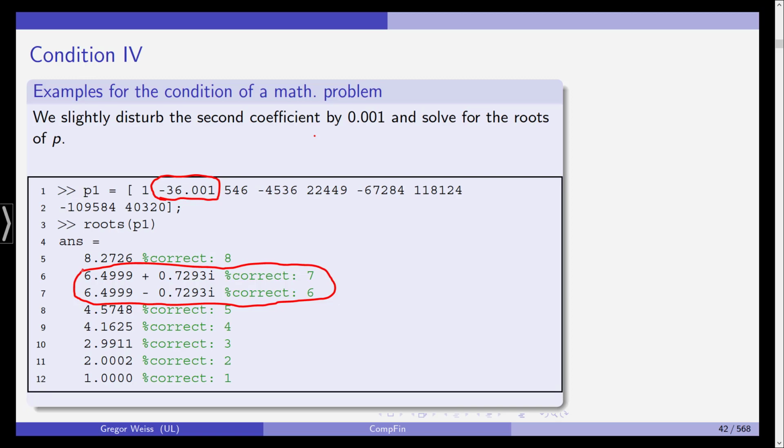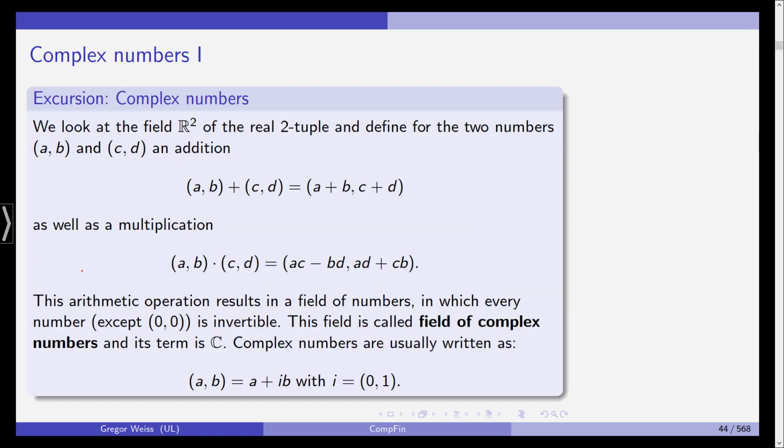What is meant by a complex number? Complex numbers are actually a very large field in mathematics. You look at the field R squared of the real two pairs, and you define two numbers, a, b, and c, d.